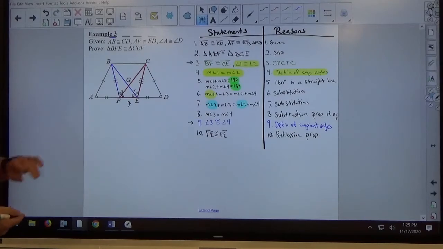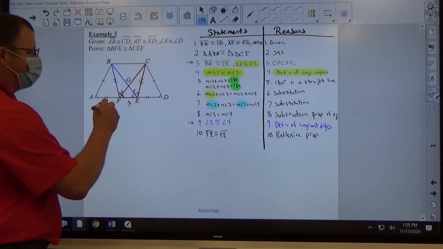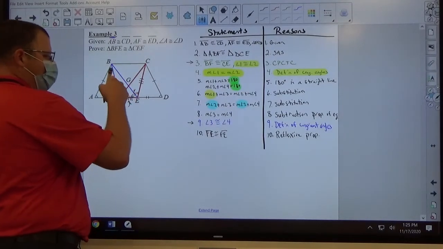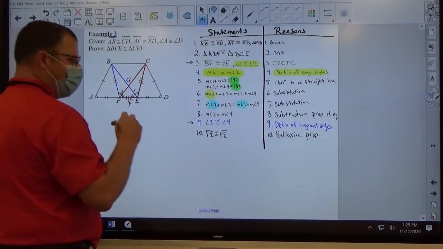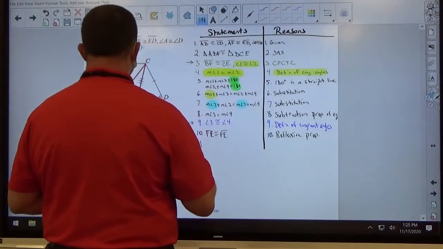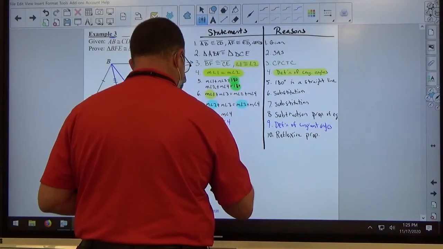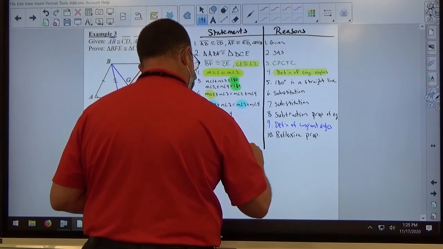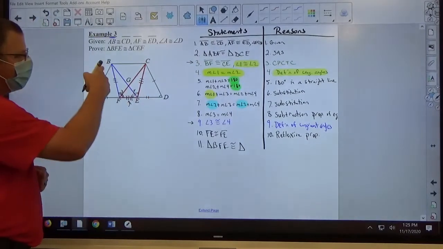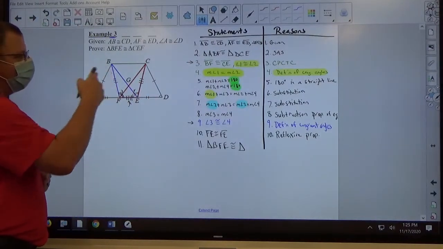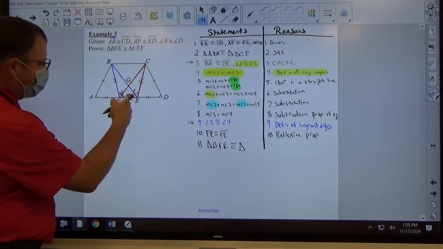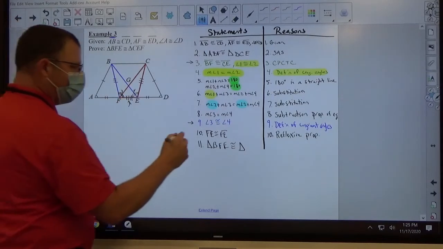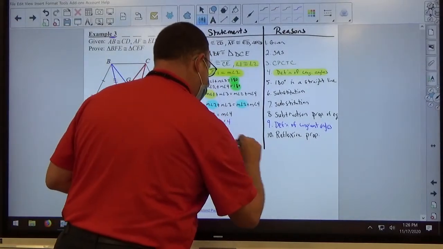All right, so finally, if FE is congruent to FE, all of a sudden now I've got side angle side congruence for these two triangles. So number 11, triangle BFE is congruent to triangle something. BFE is this one. F and E correspond to one another, so E needs to be the middle letter of this one.